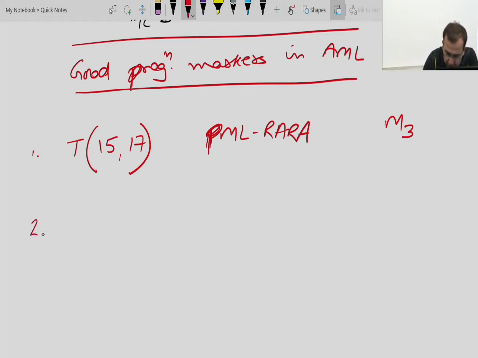Next, the next translocation which is good prognosis is translocation 8-21, fusion transcript AML ETO.